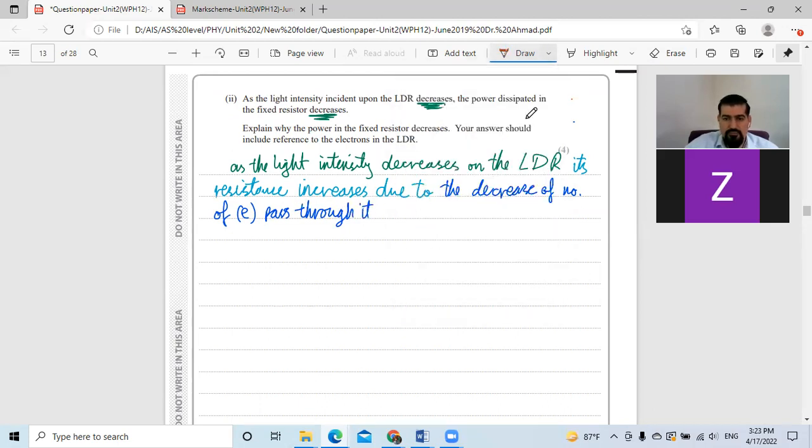So the combined resistance in series, what happened to it? Increases.